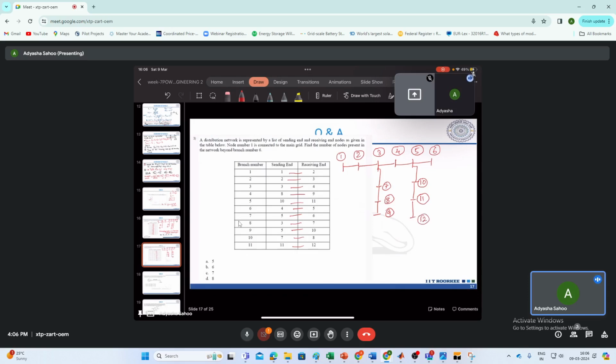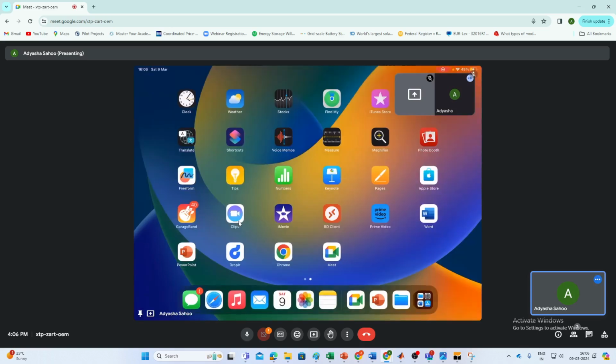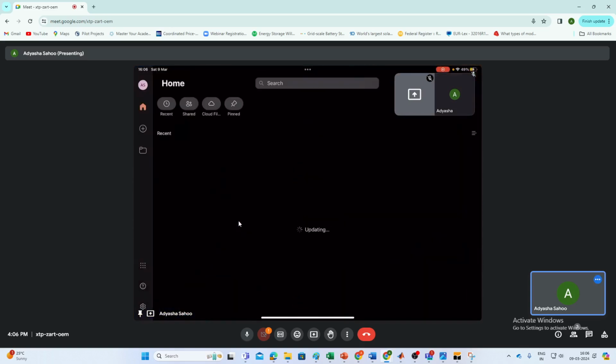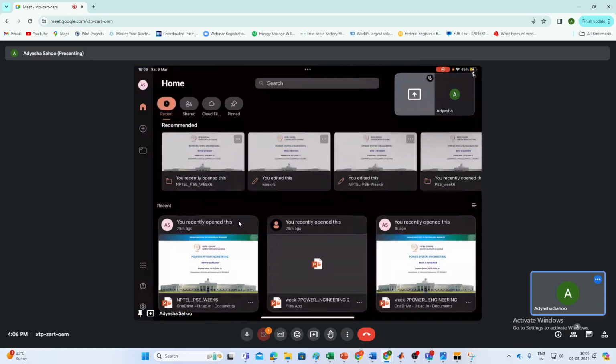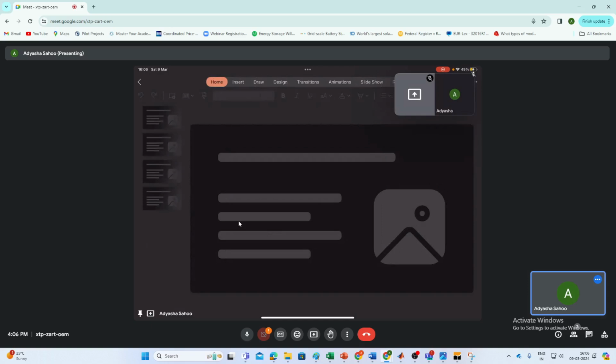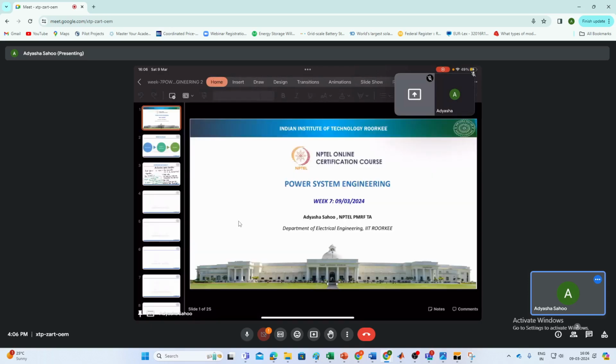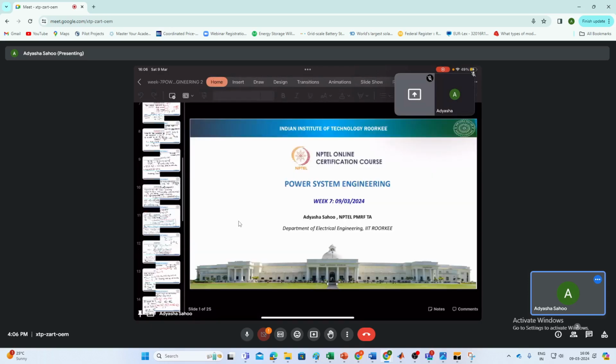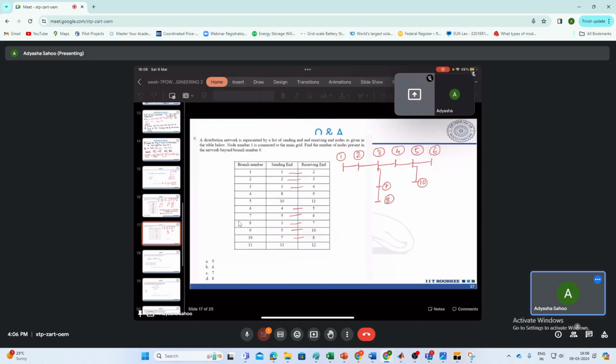It is asking for the number of nodes present beyond branch 6. So which is branch 6?